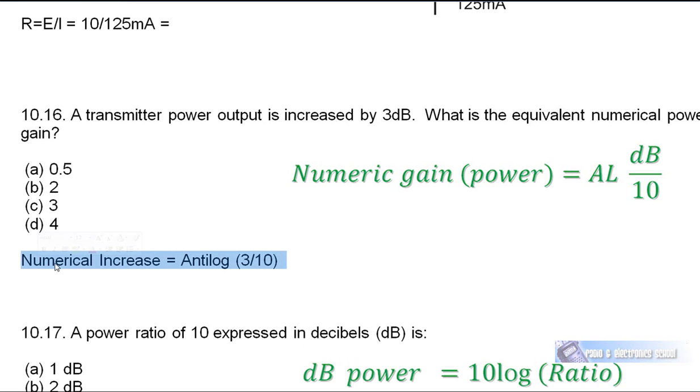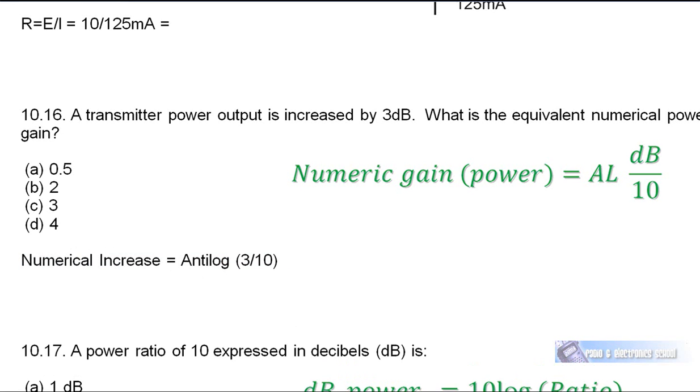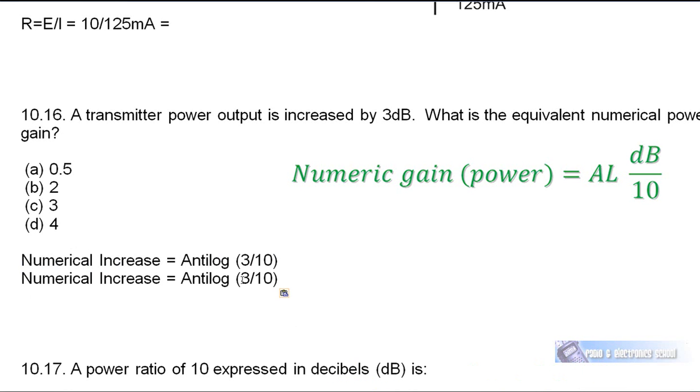And of course that will equal the anti-log of 0.3. I'm just being lazy with my typing. So 3 into 10 goes 0.3. Now we have to find the anti-log of 0.3.